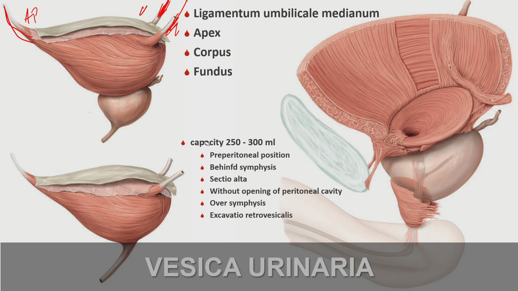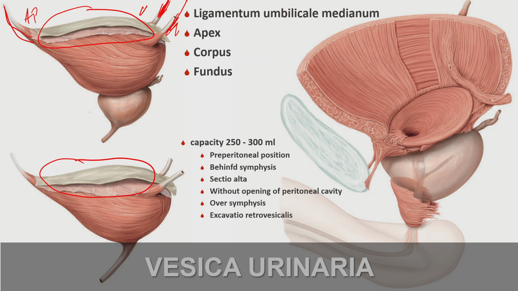The urinary bladder itself is localized pre-peritoneally, in the pre-peritoneal space, but facing the peritoneal cavity in the dome and the roof of the urinary bladder. We have here coverage by the peritoneal cavity also.